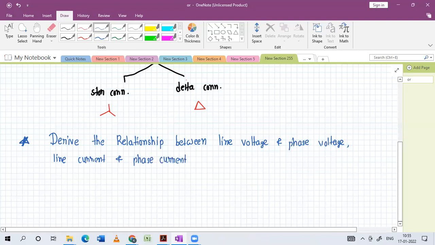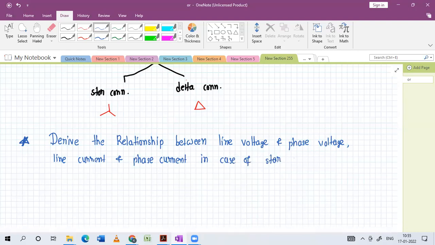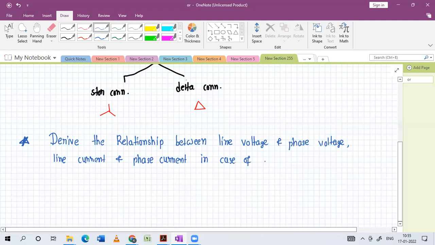Already you have done this theory in a practical. You have proved this in laboratory sessions also. Derive the relationship between line voltage and phase voltage, line current and phase current in case of a three-phase star connection.